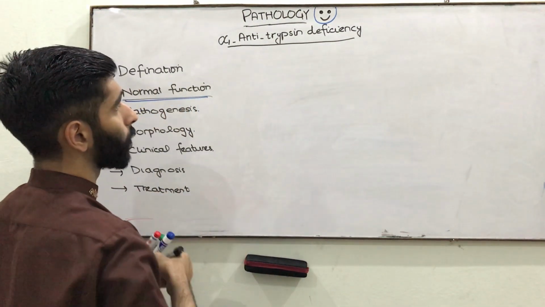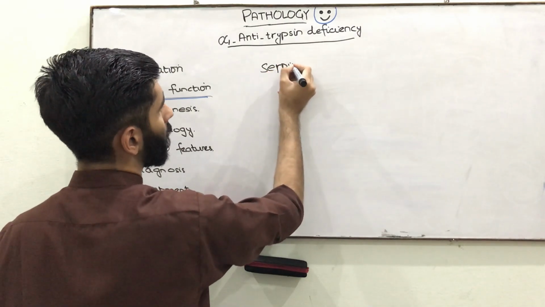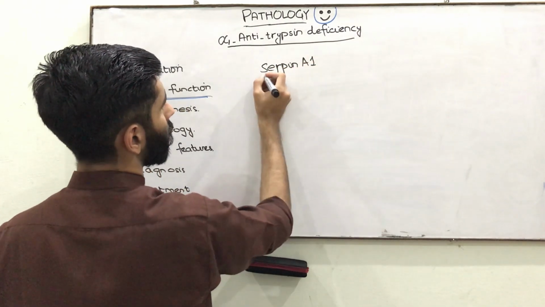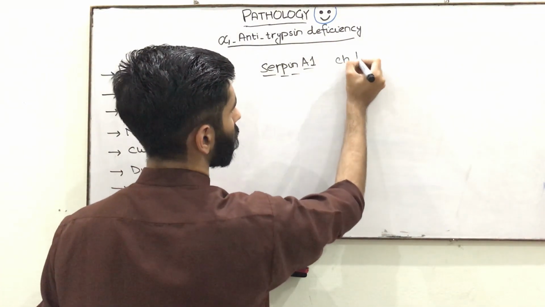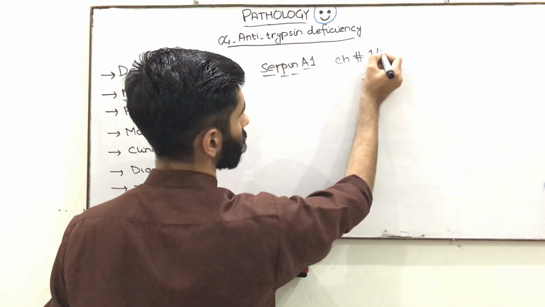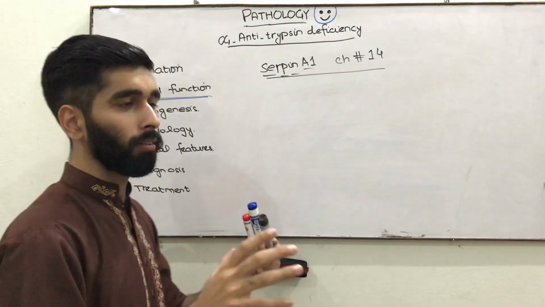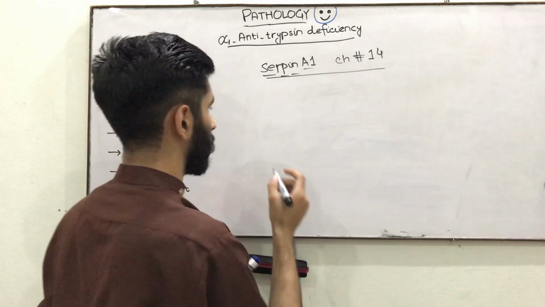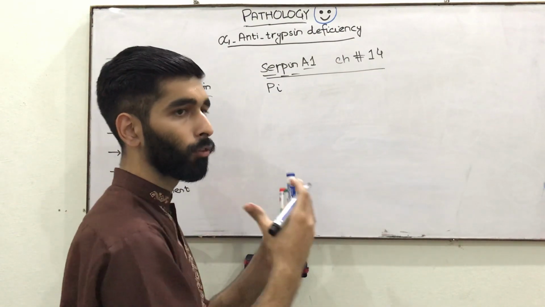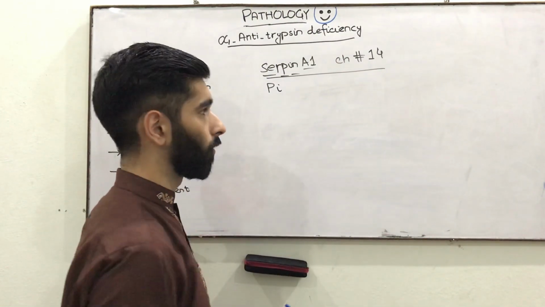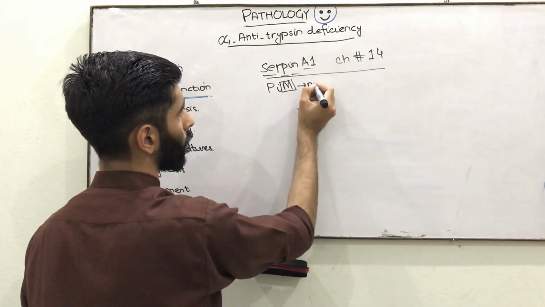The gene that encodes alpha-1 antitrypsin, SERPINA1, serine protease inhibitor A1, is present on chromosome number 14. You have to memorize the concept that the allele that encodes the normal form of alpha-1 antitrypsin is PiM.